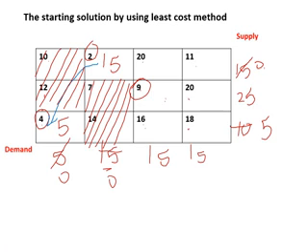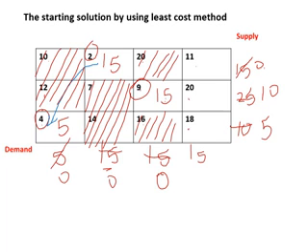This cell is associated with 15 in the demand and 25 in the supply, and we will take the least value, which is 15, and subtracting here to be 0 and subtracting here to be 10. And this column is now plugged and we haven't any more quantities to be shipped.